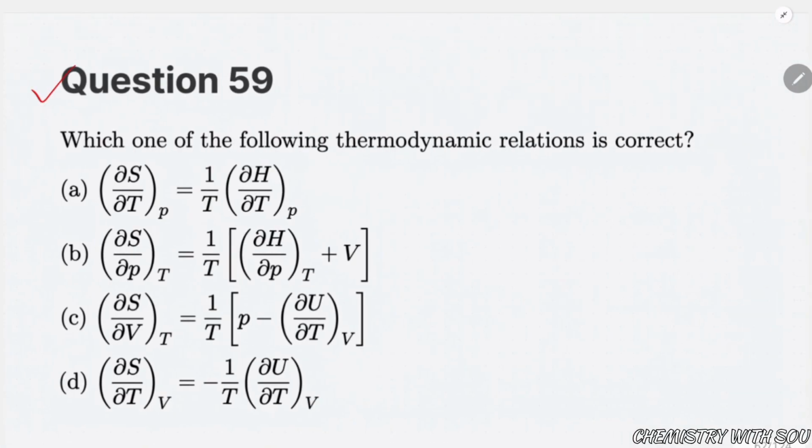Question number 59. Which one of the following thermodynamic relations is correct? So we know that dH is equal to VdP plus TdS.